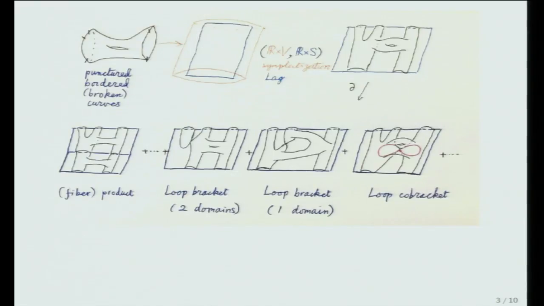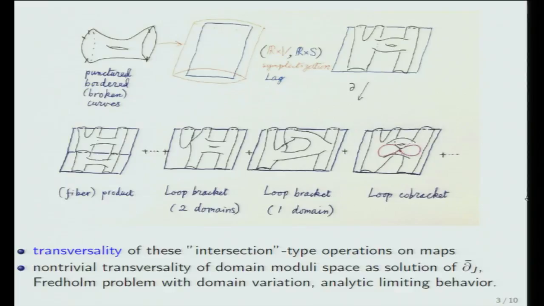So the fiber product is where it splits along periodic orbits, or the chord. If you have a loop connecting the same boundary component, then you get the loop bracket. If connecting different boundary components, you get a loop cobracket. And you could have one domain or two domains, depending on whether it's separating or not.